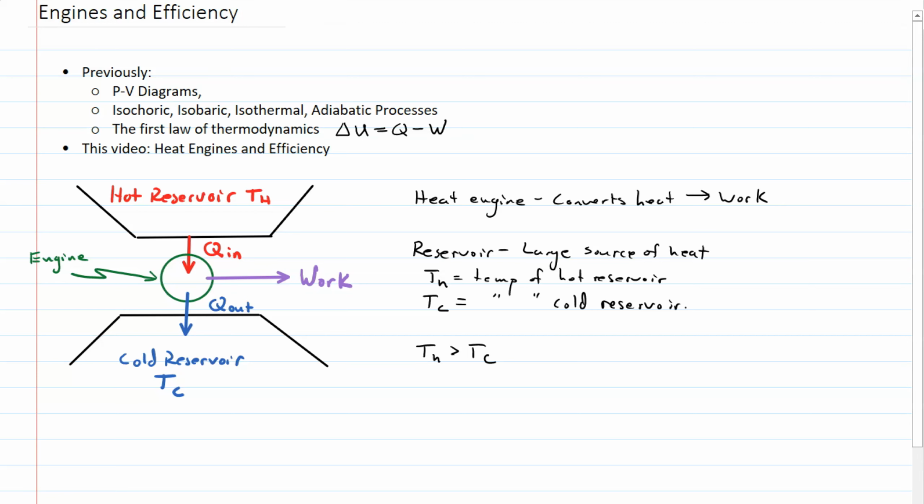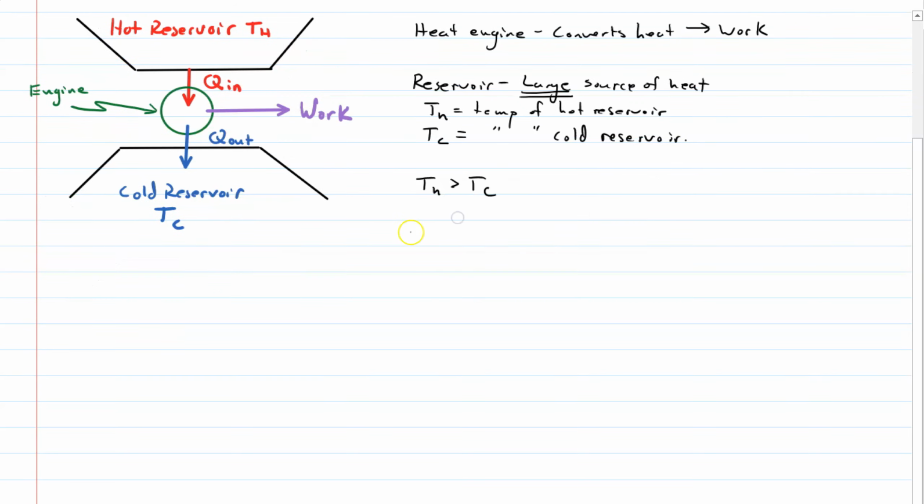And one other important thing to notice about the reservoir is that I'm assuming it's really large. The reservoirs always remain at the same temperature. So I think about it as something that's so big that I can take some heat out of it, but its heat capacity is so large that its temperature won't change very much. In other words, C_V is very large.